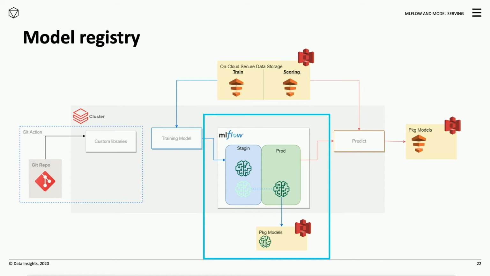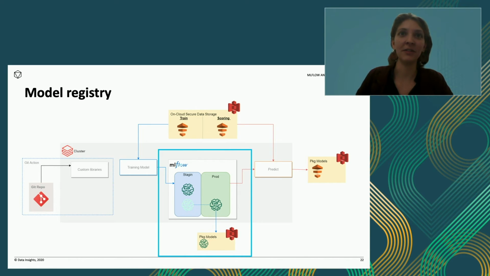Okay, so here we are. This is our architecture that we have been seeing through the entire presentation. And now I would really like to walk through the training notebook with you to explain where MLflow really changed our life in bringing machine learning to production, and where you can really see the benefit of it.